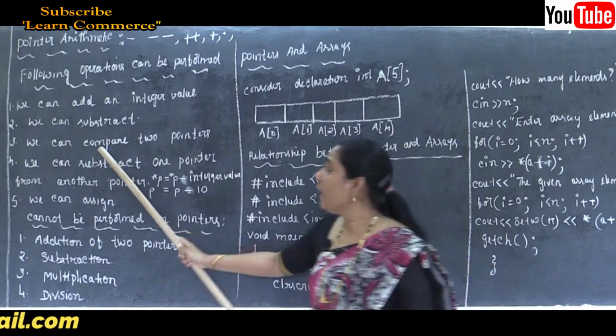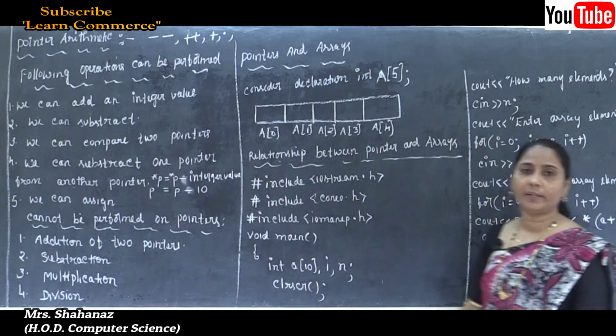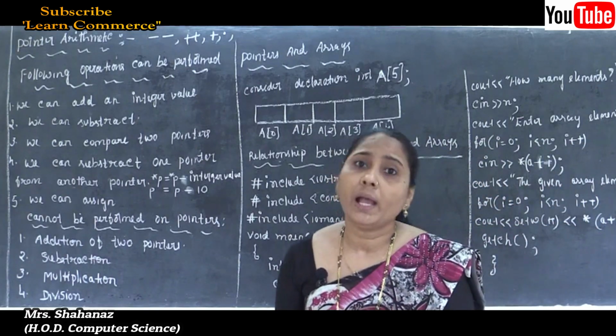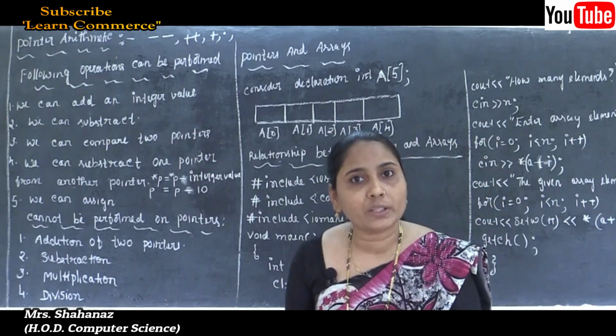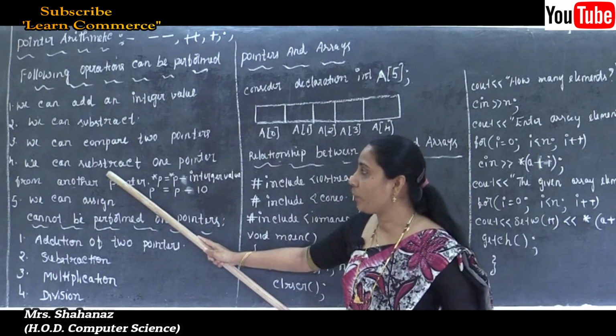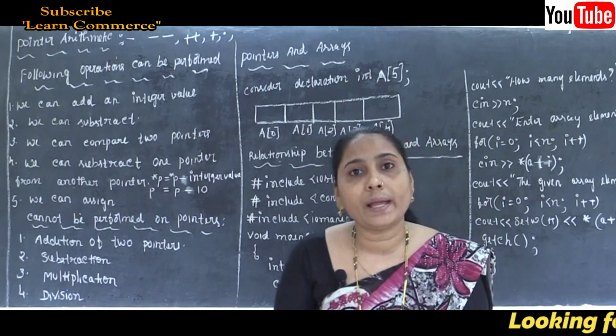Clear this point here? The third valid operation, we can compare two pointers, but it is possible only if they point to elements of the same array. And the fourth operation, we can subtract one pointer from another pointer.